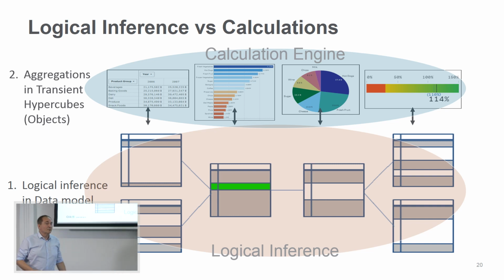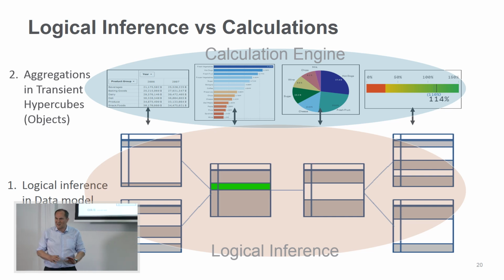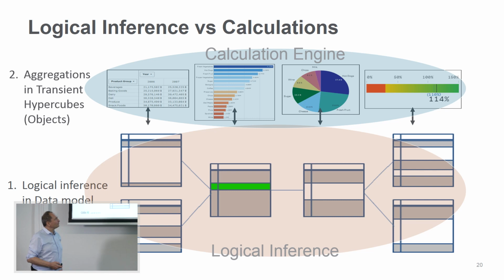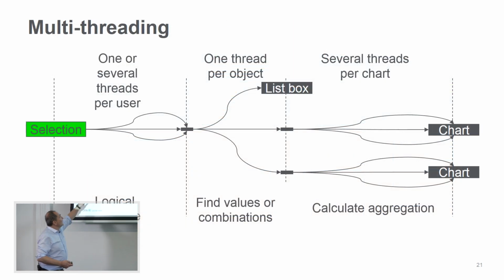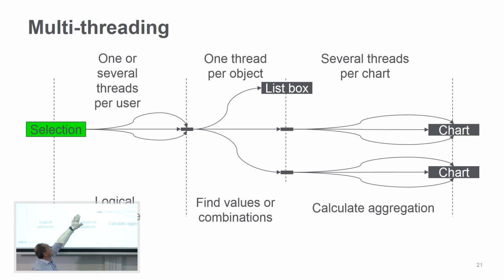And of course we do that. We don't always do it. It depends on how much data we have, because we have realized that there's an overhead with multi-threading. So we have an algorithm that determines, is it worthwhile? If it's a lot of data, then it is worthwhile. If it's little data, then no, don't bother. So anyway, multi-threaded in the logical inference.